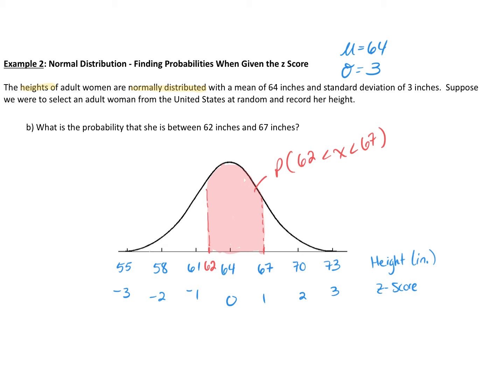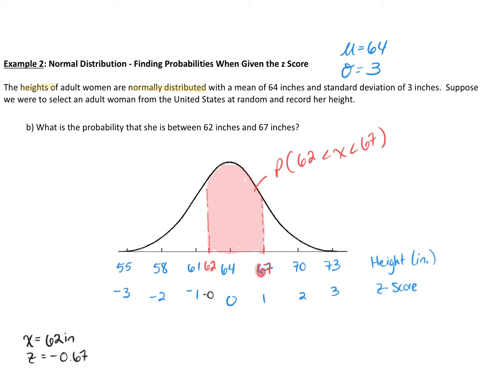All right, so how do I calculate this probability? I'm going to show you first how to use the z-table, and then I'll show you how to use your graphing calculator. If you're using the z-table, the first thing we need to do is convert 62 inches and 67 inches to the corresponding z-scores. From part A, we already did that. When x is 62 inches, the z-score is negative 0.67.